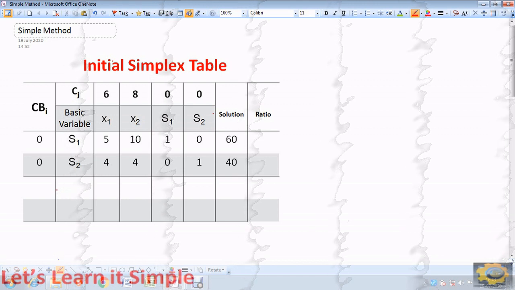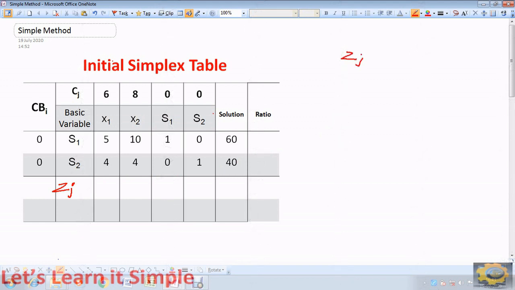This is the initial simplex table. So first we need to find Zj. So what is Zj? This is obtained by multiplying the coefficients of the basic variables with the values in that particular column. It is 0 into 5 plus 0 into 4, which is 0.